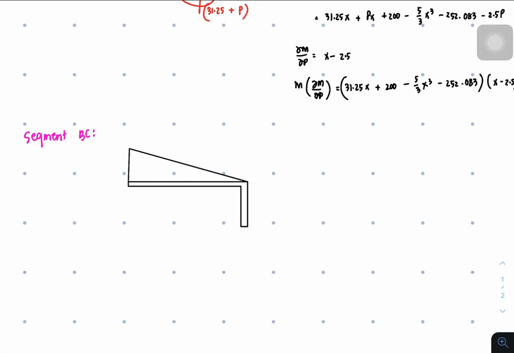So this is for the triangle, and this is the whole 25 kilonewton, because this is now 2.5 meter.